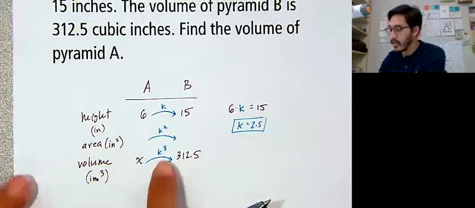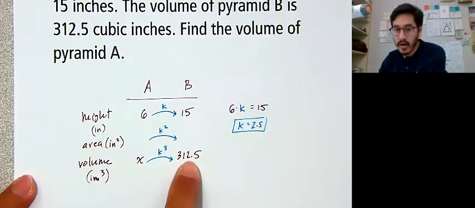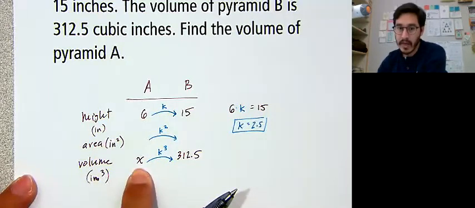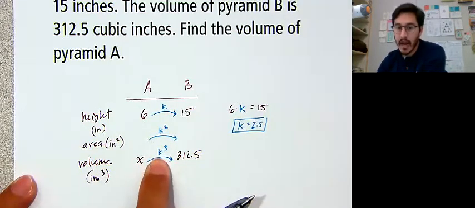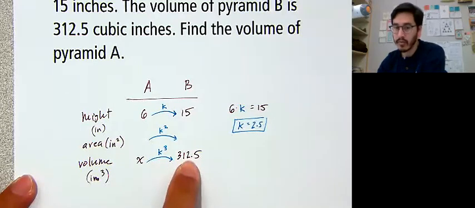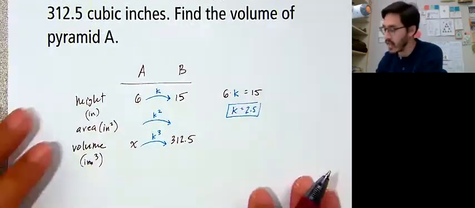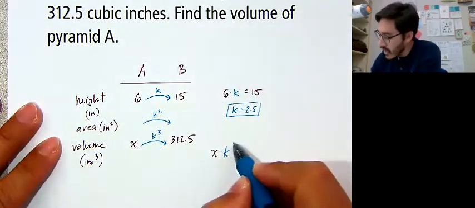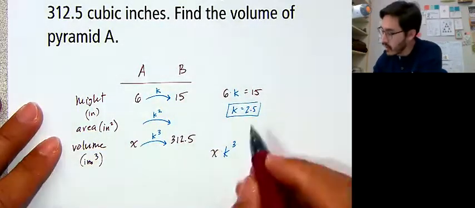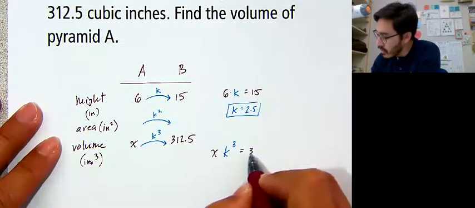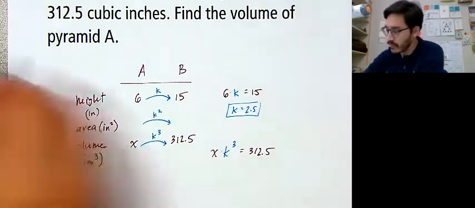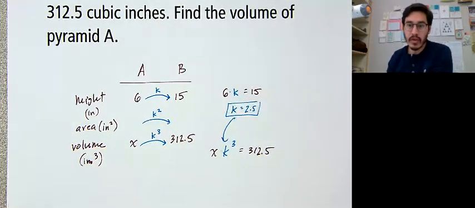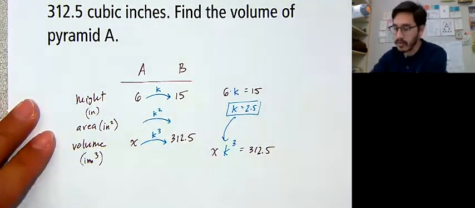So over here, this schematic says X, the volume of pyramid A, times K to the third power equals 312.5. Let's write that as an equation: X times K to the third power equals 312.5. But we already know the value of K, so we can substitute it into our equation.